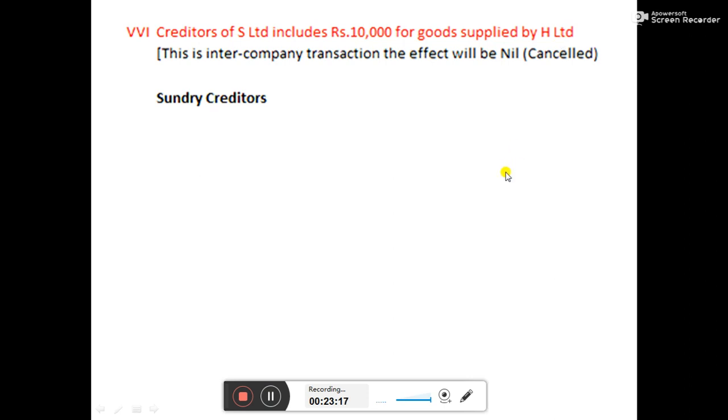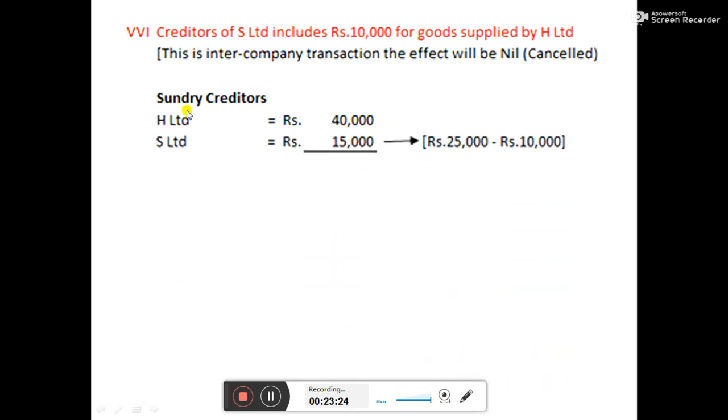So first we include H Limited's creditors, 40,000, no effect there. But in S Limited, the total creditors are 25,000. That is, they are supposed to pay outside 25,000 rupees.